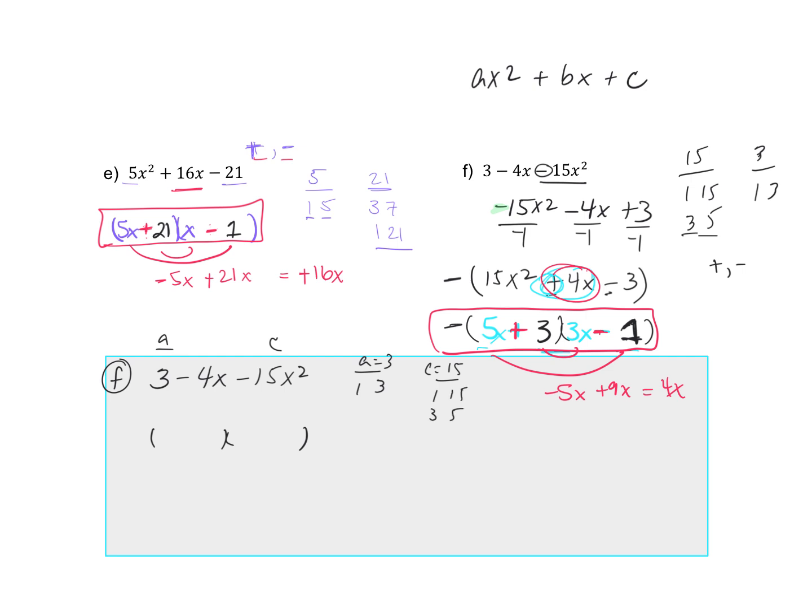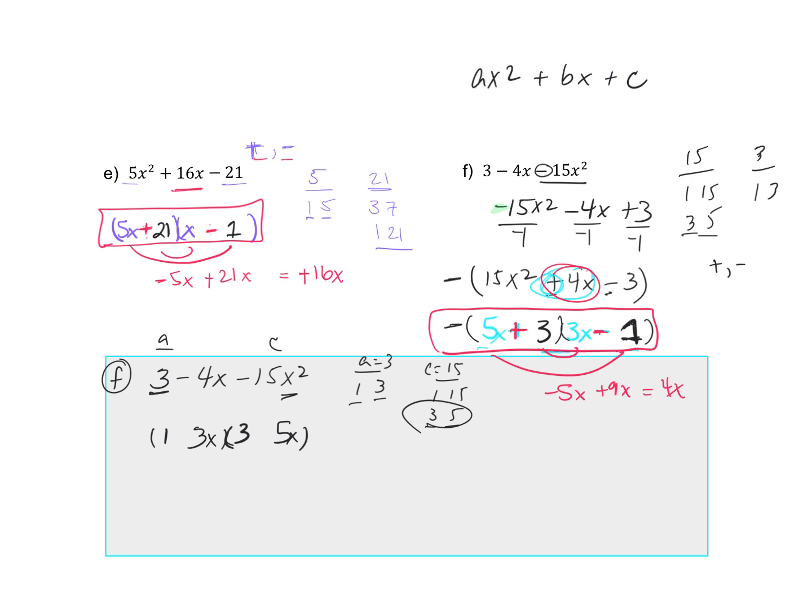Because these are just 1 and 3, they're the only factors I have, that's what I'm going to use. But notice this is just a 3 with no x attached, so it's just going to be a 1 and a 3. Now I'm going to use 3 and 5 because they're closer together. Choosing the 3 and the 5, I can't put the 3 in this one, so I'm going to put the 5 here, and it's got an x because it's x squared. And this is going to be 3x.